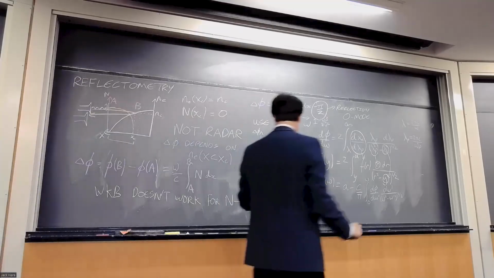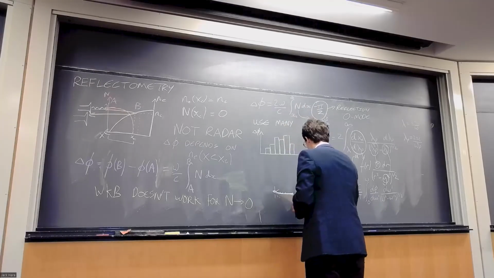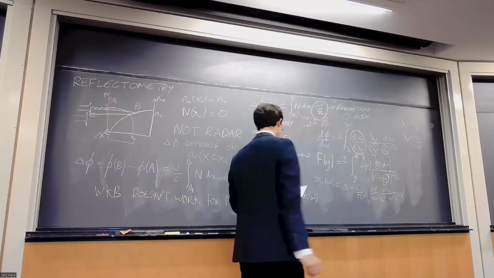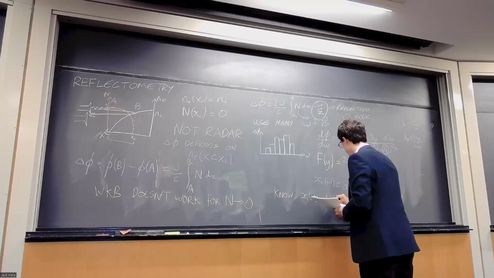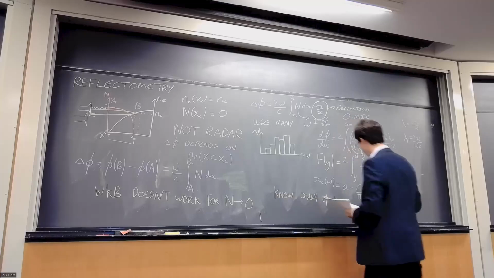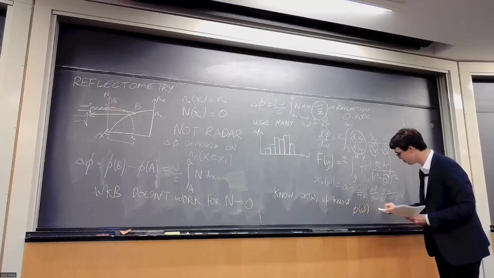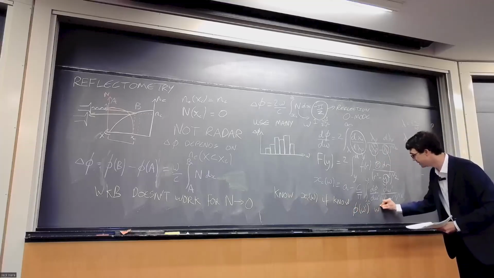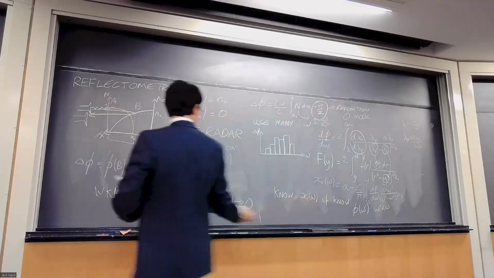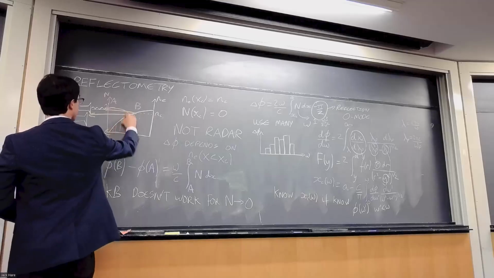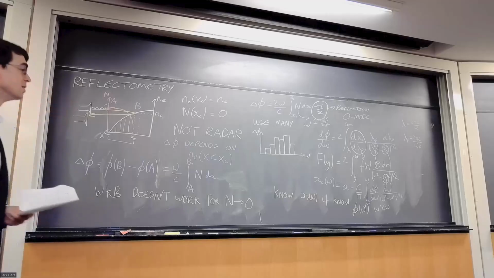What this equation is saying is that we can know the location of the critical surface for every frequency if we know the phase shift for every frequency omega prime, where omega prime is less than omega. So if we have measured the phase shift for every smaller frequency coming up to the critical frequency we're interested in, then we can know the location of the critical frequency.